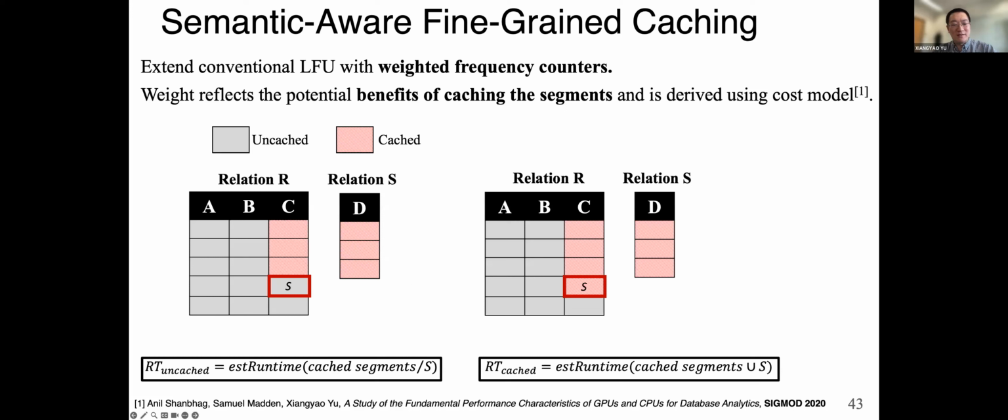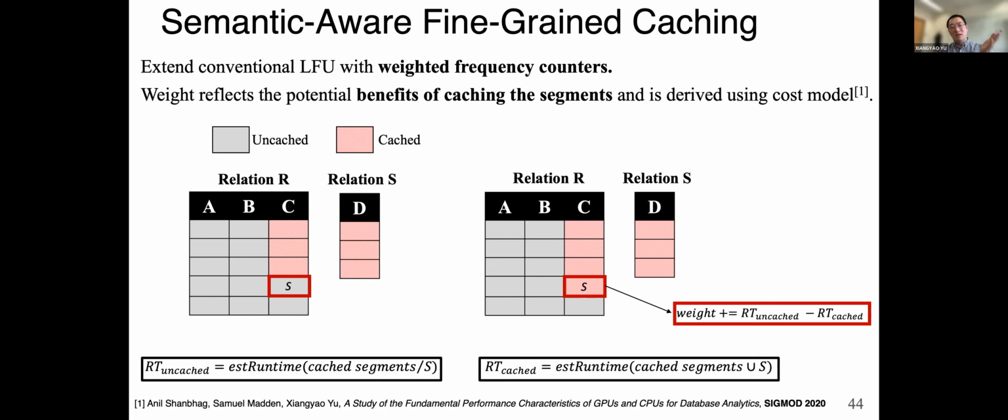Then you estimate the runtime if the segment is cached. The difference between these two will be the weight of caching the segment. When you access the segment for a particular query, you increment the weight for that segment by this value. Later, whichever segment has the higher weight, I will try to cache it.